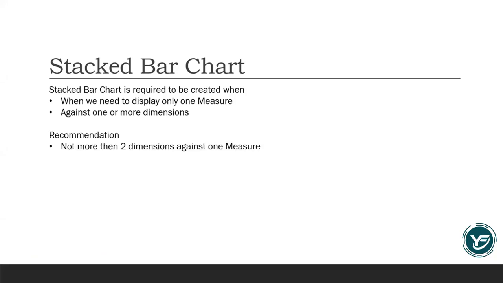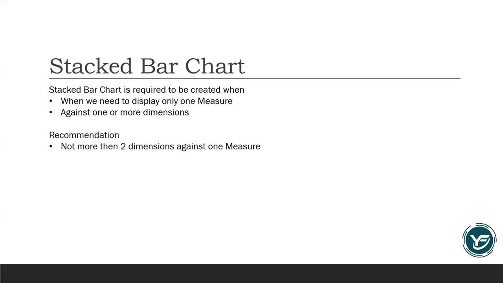But it is highly recommended that you should not add more dimensions against one measure, because that will create a more complex data visual, and it will be very hard for the end user to read or view the visual.